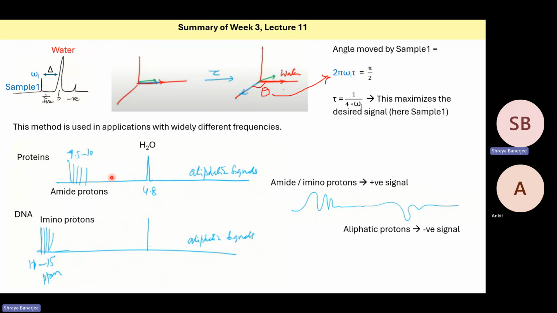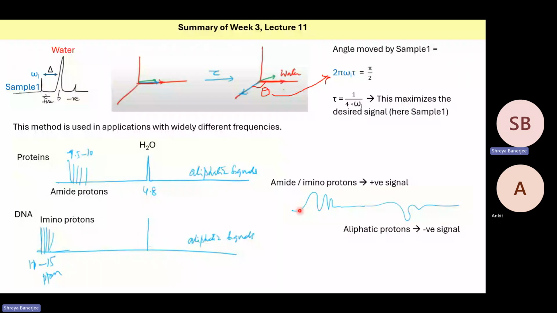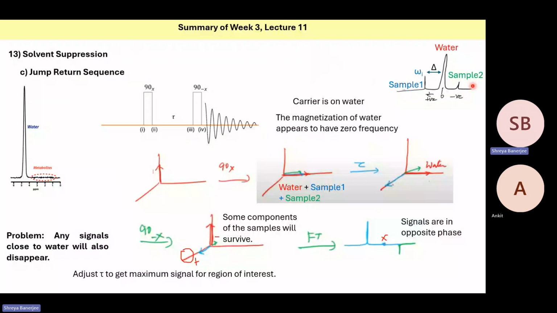So in both these cases, this kind of jump return sequence is done for water suppression, and you will get something like this. If you imagine here, the sample 1 and sample 2 are basically amide and aliphatic protons. You can see sample 1, the one with the higher frequency, is coming as a positive signal, and the lower frequency sample 2 is coming as a negative signal.